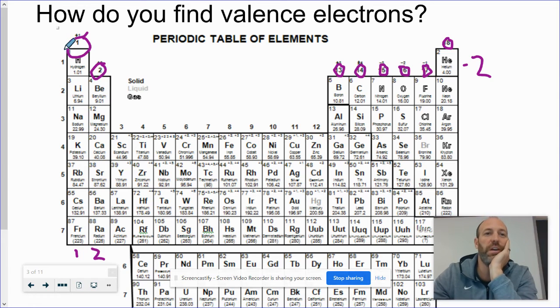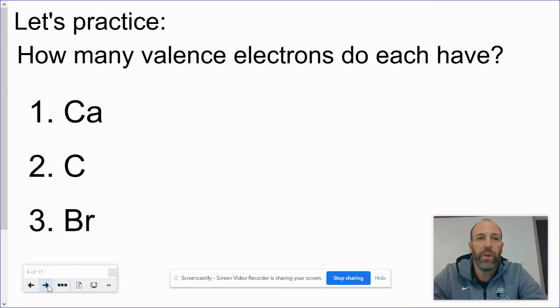So the cheat code, I just want you to kind of make sure and try. Look, all of these have one, two, and then if you just circle the last part of the group, you got the rest: 3, 4, 5, 6, 7, 8, like that. So if we just do a real quick practice, I'm hoping if you have your periodic table labeled, this is really, really fast. How many valence electrons do each of those have?